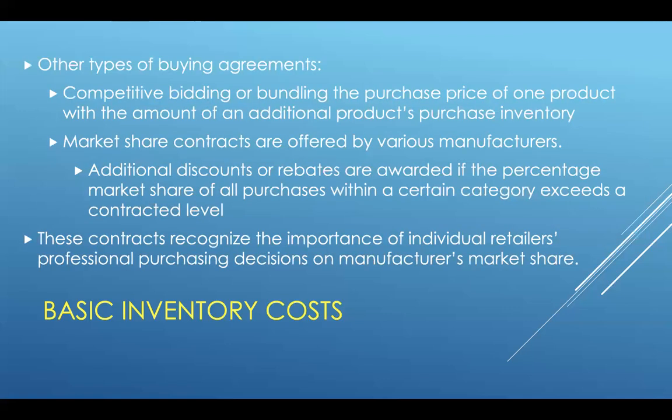And so sometimes in this competitive bidding or bundling, there is the purchase of one product with the amount of additional products. So if we meet a certain market share, let's look at the medications used for urge incontinence, like Vesicare and Detrol LA.